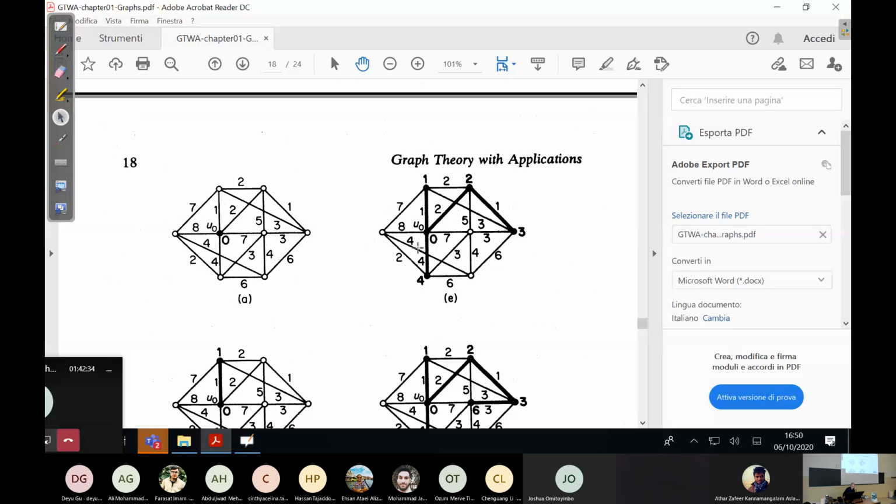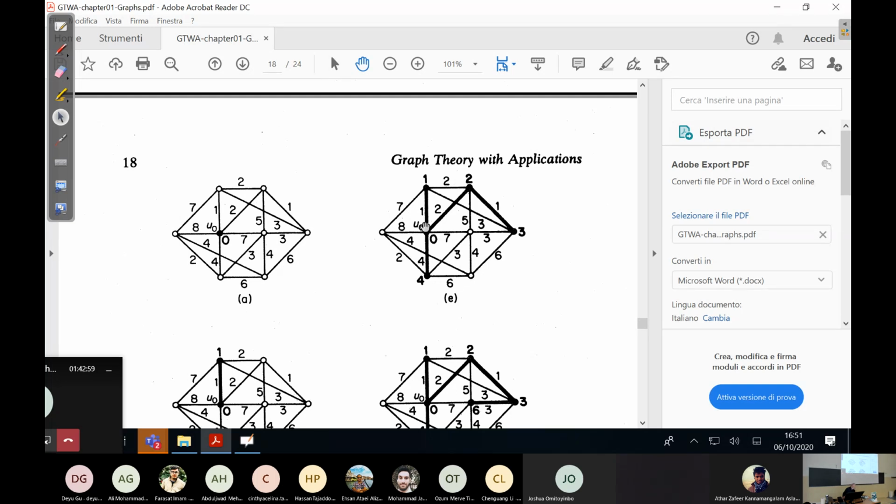Now, do we have anything else at distance 4? Let's see. 1 plus, no, already done. From here, we have 1 plus 7. Okay, no use. From here, 2 plus 5, no use. From here, we have 3 plus 3, which might be interesting. Okay, or 3 plus 8.